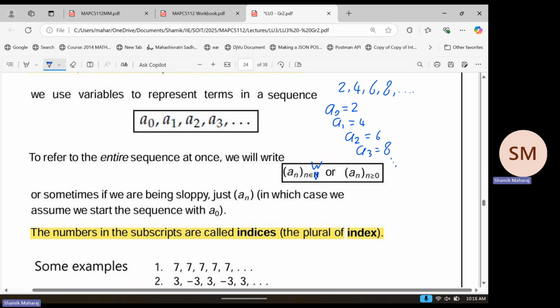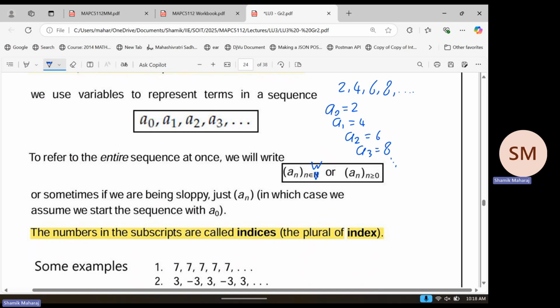Just labels to represent the elements in a sequence.